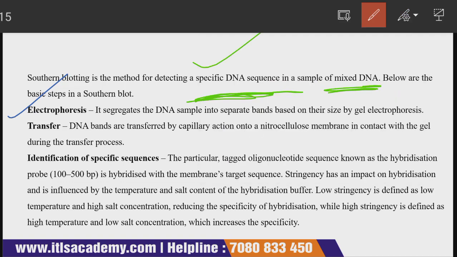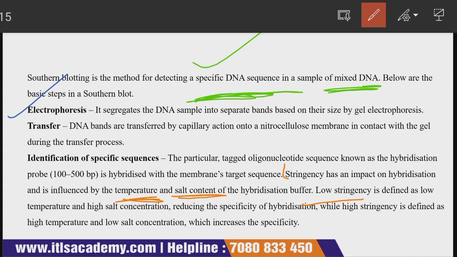So again, this term is very important. Stringency is defined as an impact on hybridization, and it is basically influenced by two factors, that is temperature and salt content of the hybridization buffer. Whenever there is low stringency, it is defined as low temperature and high salt concentration.